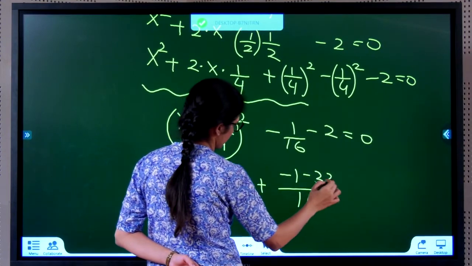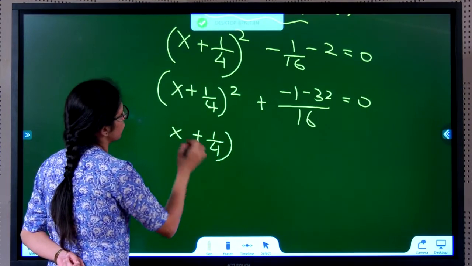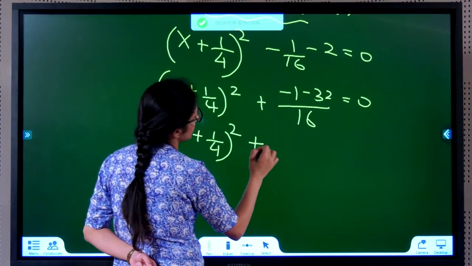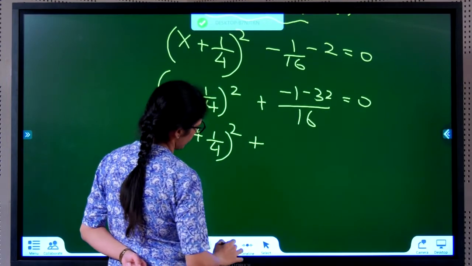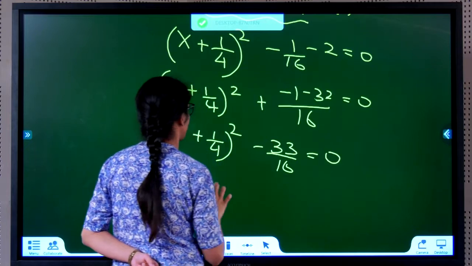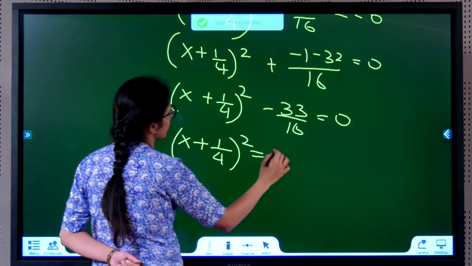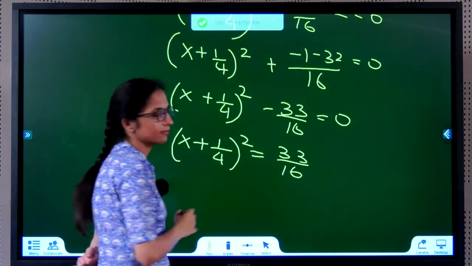X plus 1 by 4 the whole square, minus 1 minus 32, minus 33. So minus 33 by 16 is 0. X plus 1 by 4 the whole square is equal to 33 by 16.